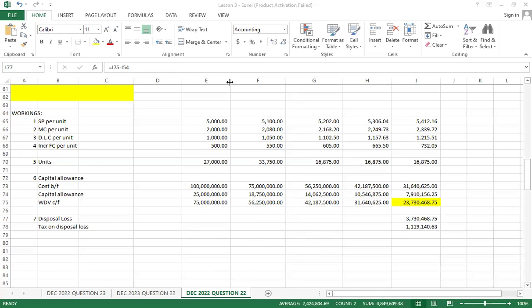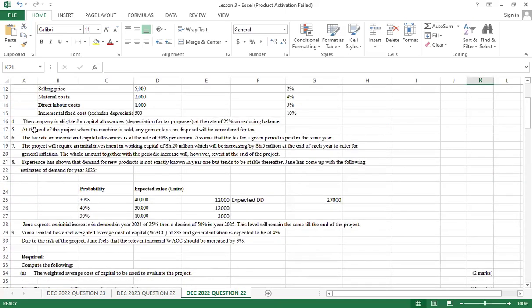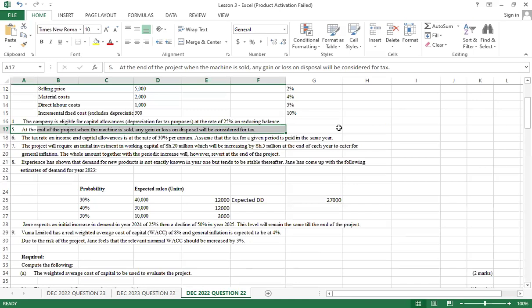So when I go back to note number 5, that's what the question says: that at the end of the project, when the machine is sold, any gain or loss on disposal will be considered for tax.